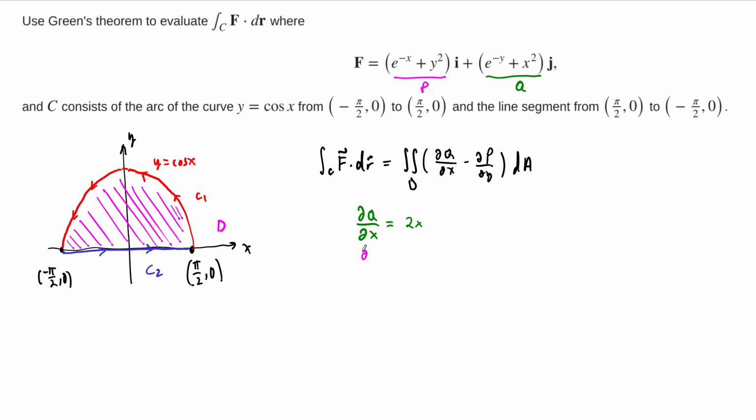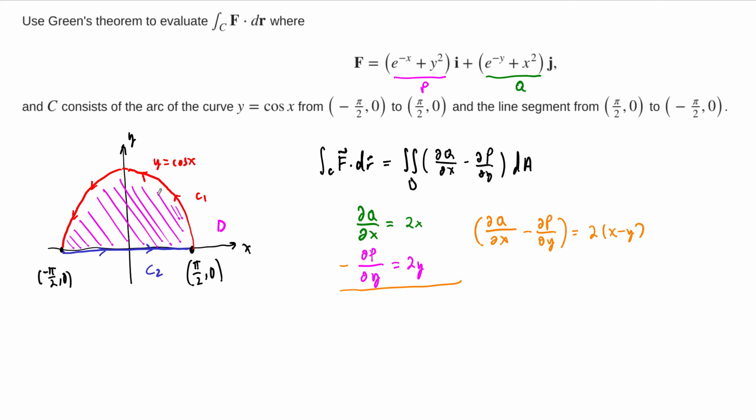Again, exponentials not involved, it's just going to be 2y. And so then the function that we want to integrate is the difference of these two. And so our dQ/dx minus dP/dy function is just going to be 2 times (x minus y). Okay? Not bad. That looks like something that we will be able to integrate.